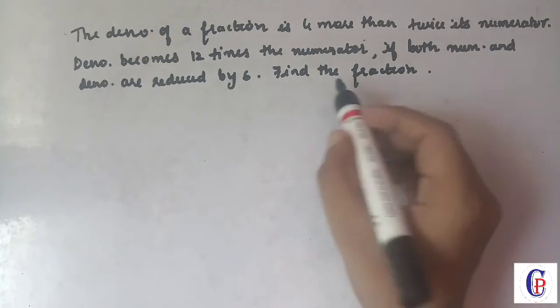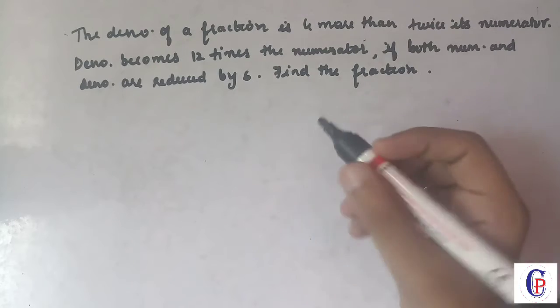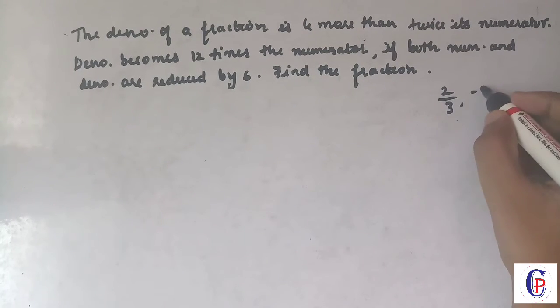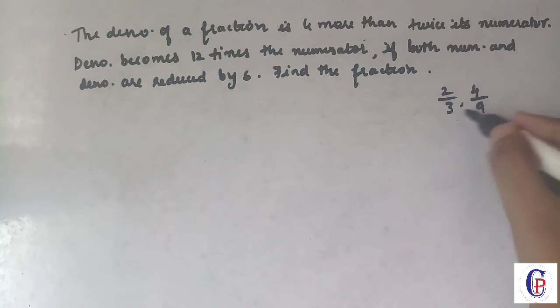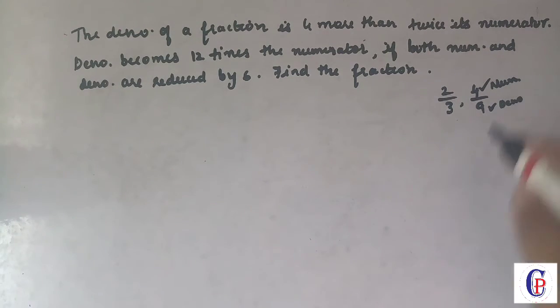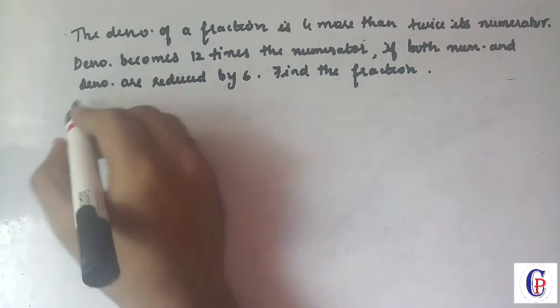So what is asked here? Find the fraction. Fraction means what? It has a numerator and a denominator. Fraction means 2 upon 3 or 4 upon 9. These are all fractions. This is the numerator, and this is the denominator. But in this case we do not know what the numerator and denominator are.